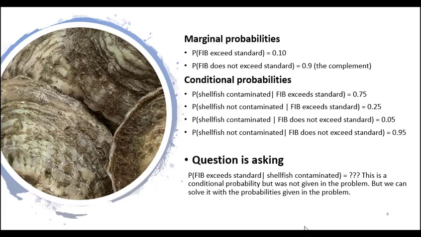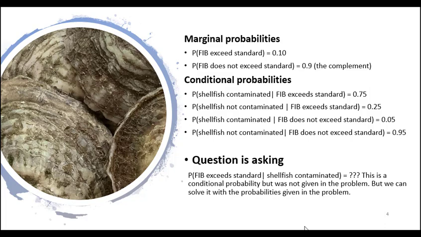As discussed in the previous video, there are marginal and conditional probabilities presented in the problem. Please stop the video and check your work to make sure it aligns with the probabilities listed on this slide. If it does not, I encourage you to go back to Probability Video 1 and review the solution to the question posed.